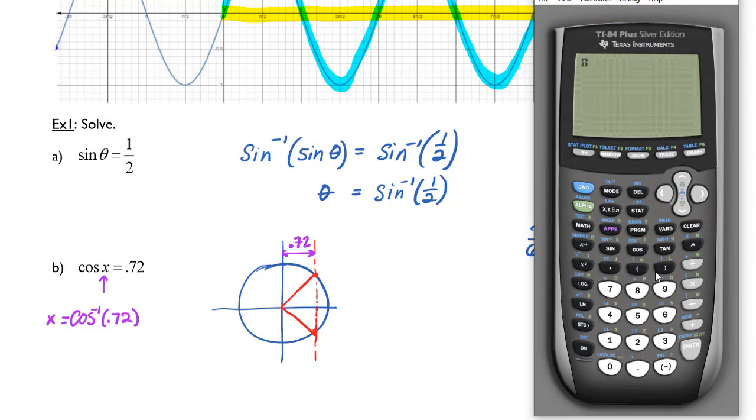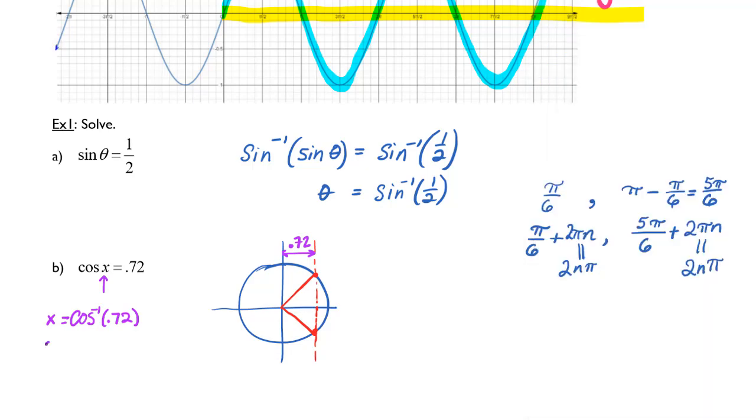I will calculate cosine inverse of 0.72, and I get a value of 0.76699, etc. I'm going to go to 2 decimal places, which will give me x is equal to 0.77.